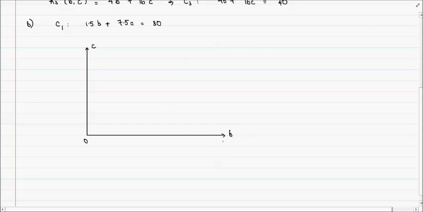It doesn't matter whether you put B or C on the vertical, however it has to be correct in the way that whatever you put on the horizontal, the intercept has to be the income divided by the price of that good.